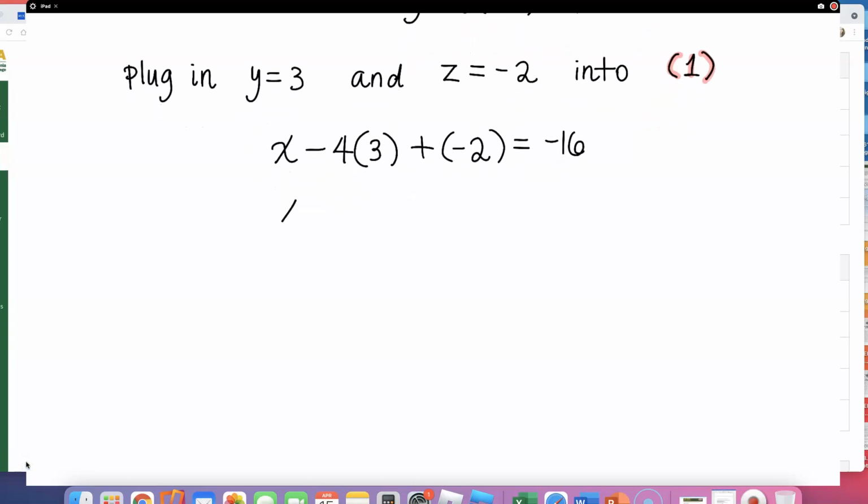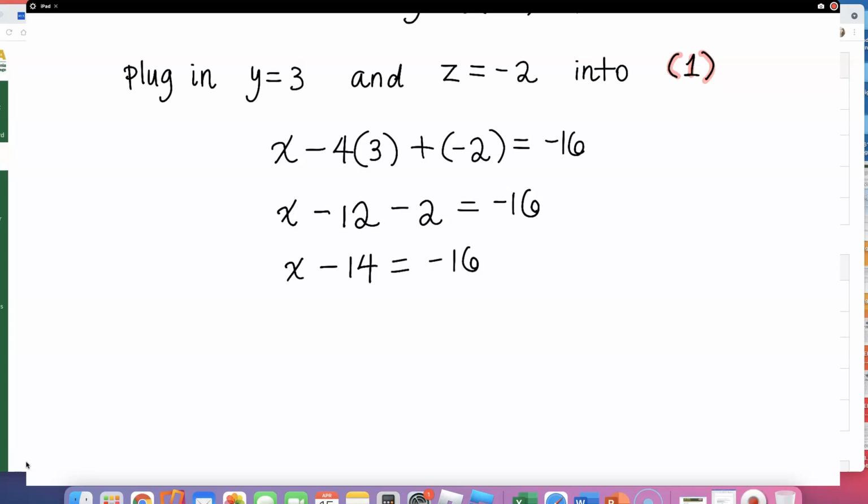So I did my substitution and I need to simplify this equation now. It turns into x minus 12, another minus 2, that equals negative 16. So x minus 14, subtracting 12 and subtracting 2, so that's subtracting 14, equals negative 16.